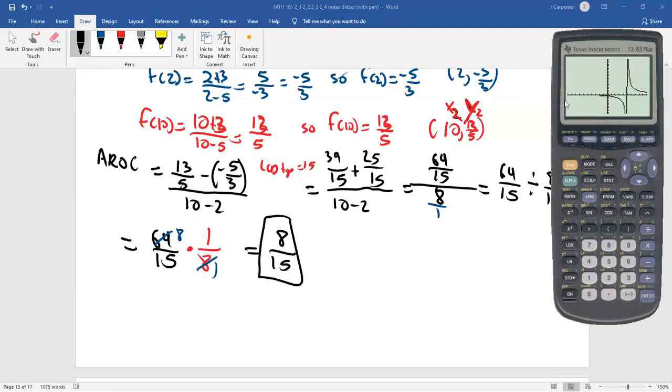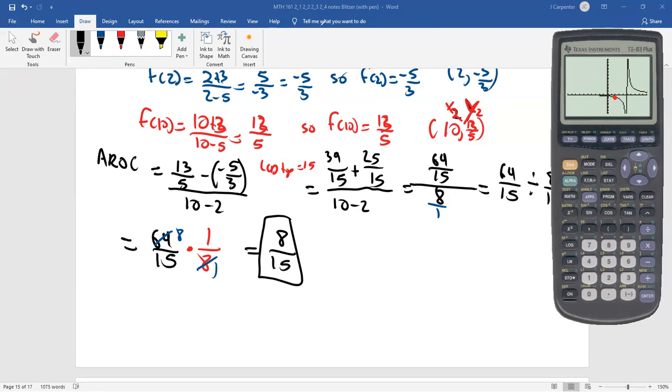Let's see. The 2 comma negative 5/3, that's right 2 down 5/3. That was right here. That's the first point. The 10 comma 13/5, that's right 10, and then up 13/5, which is about there. No, that's not right. Hold on. Undo.